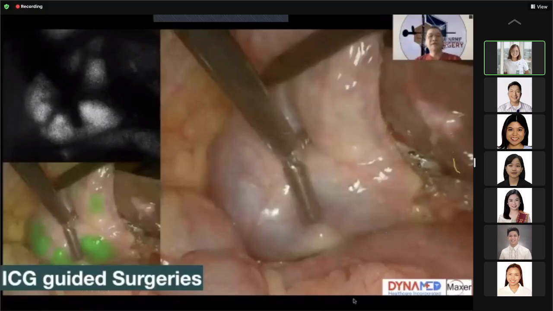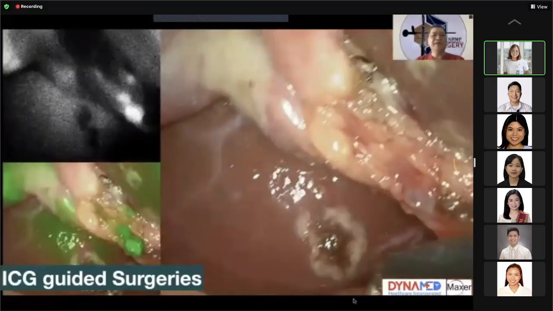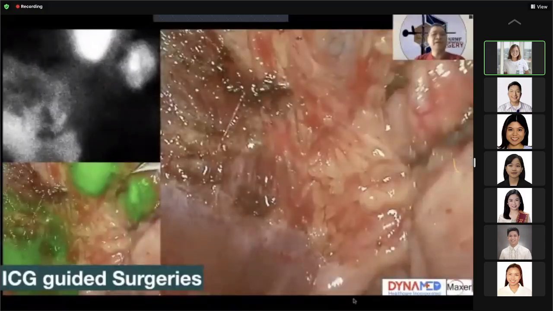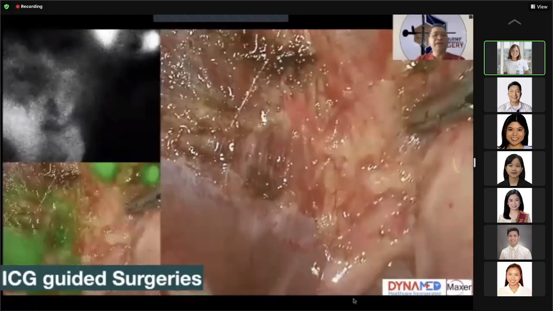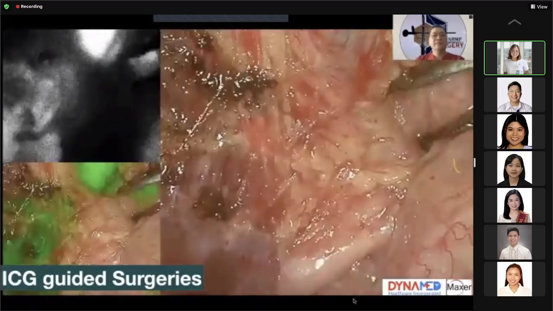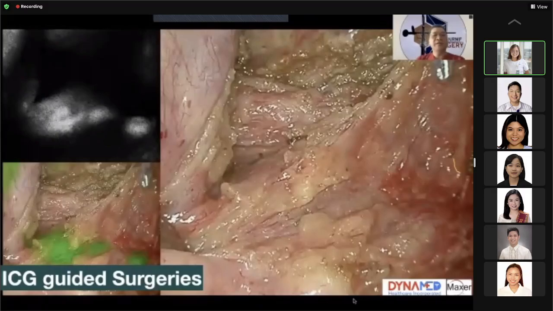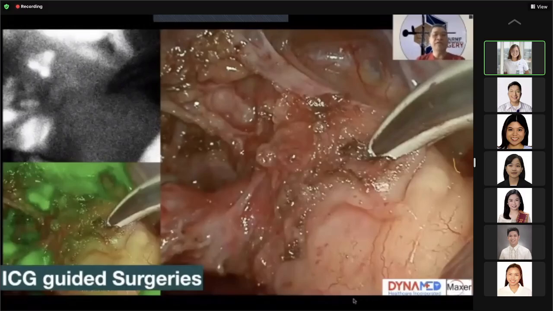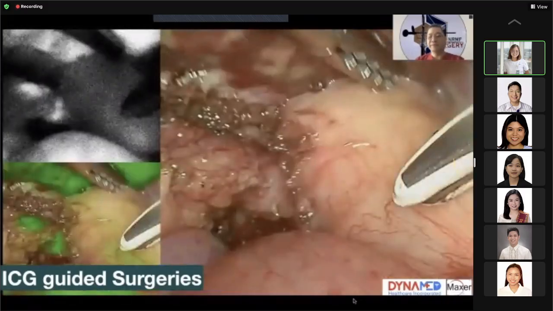They have the same colors, no? But with image-guided surgery, as you can see in your left lower image, the structures are colored. They are highlighted by the ICG dye. So you can actually distinguish which structures need to be removed and which structures need to be avoided.